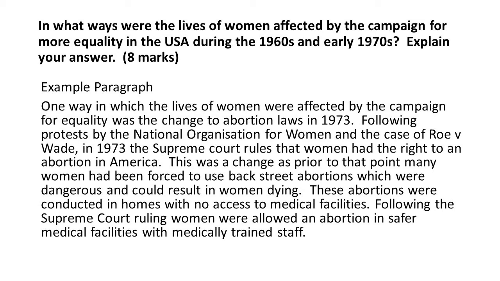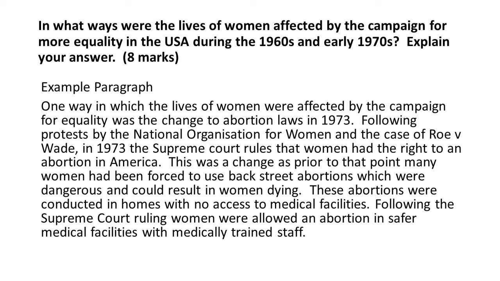One way in which the lives of women were affected by the campaign for equality was the change to abortion laws in 1973. Following protests by the National Organization for Women and the case of Roe v Wade in 1973, the Supreme Court ruled that women had the right to an abortion in America.